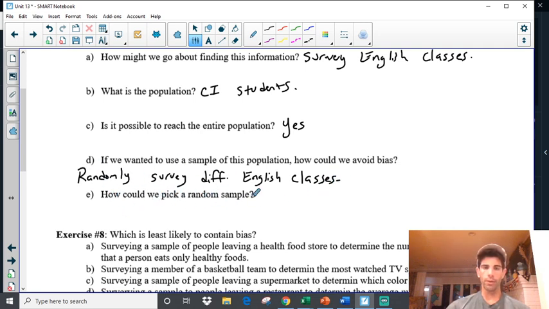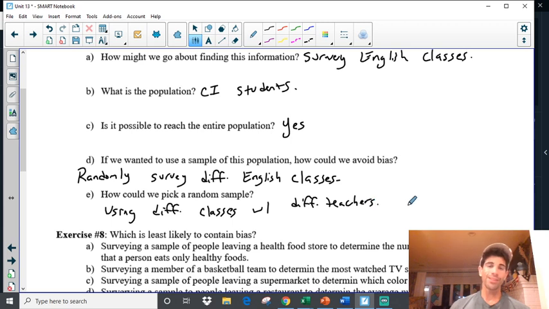If we're going to be random, how do we make sure that I'm random? Using different classes, whether they're honors or regular, with different teachers. So it wouldn't be a good idea to just sit and shadow one single teacher for the whole day. Just make sure you go to different teachers.